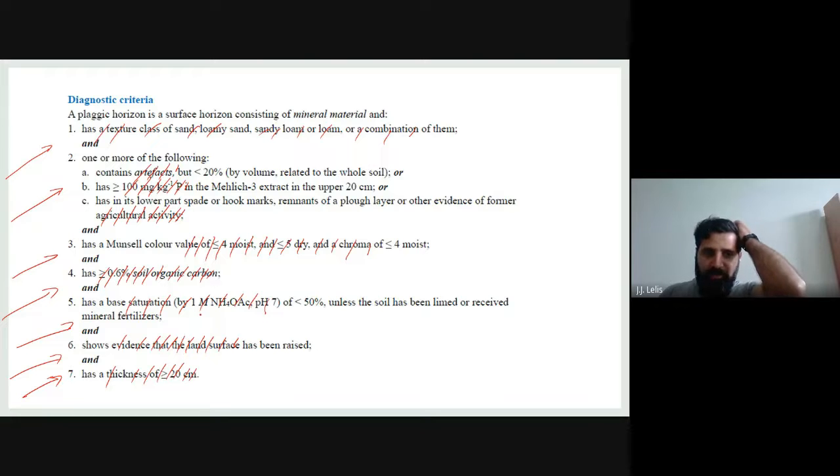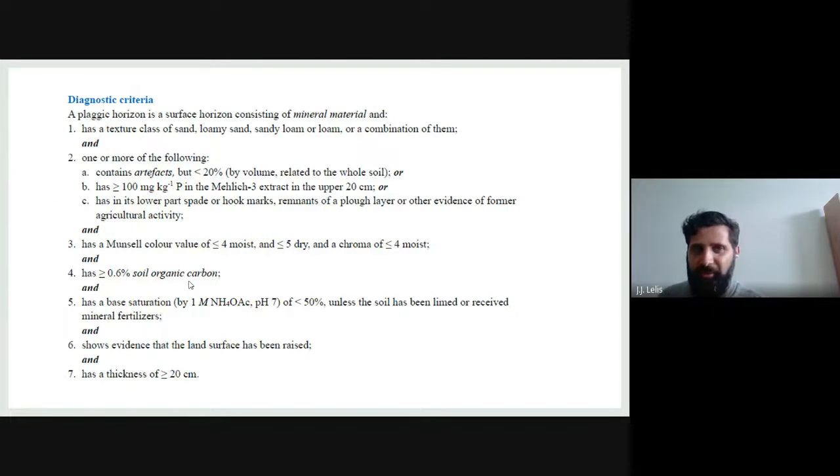Oh, it's a lot of information. Should I remember everything? No, you don't need to memorize all these criteria. You just need to remember what a pelagic horizon is in a general way. So we can go to the field, see a horizon, and think, okay, this seems a pelagic horizon.